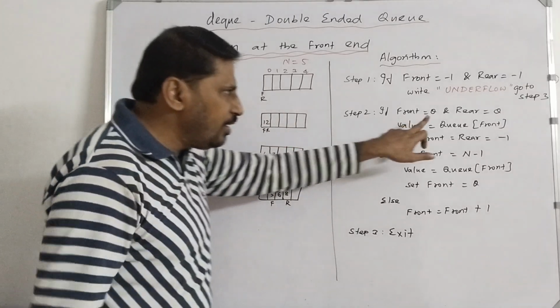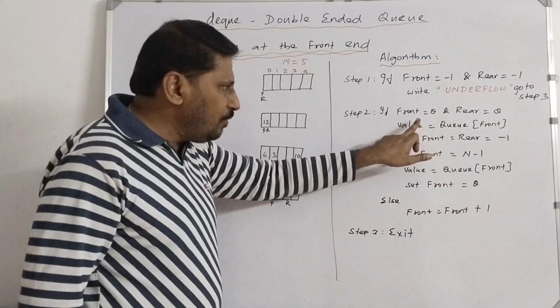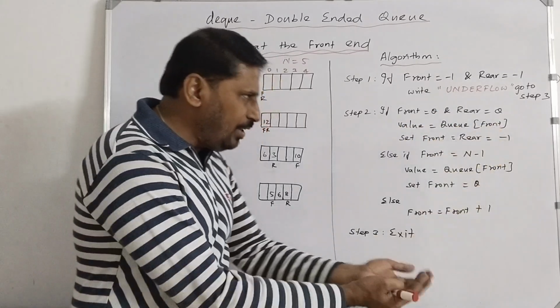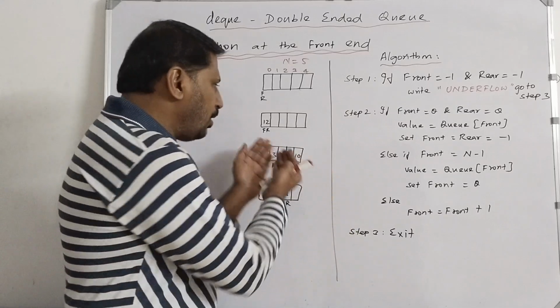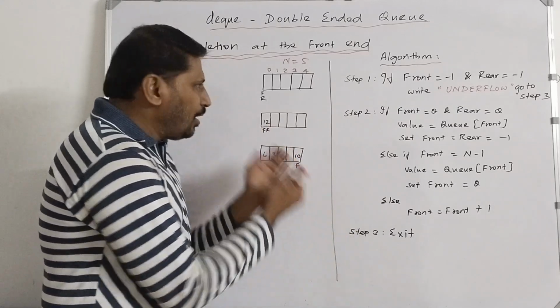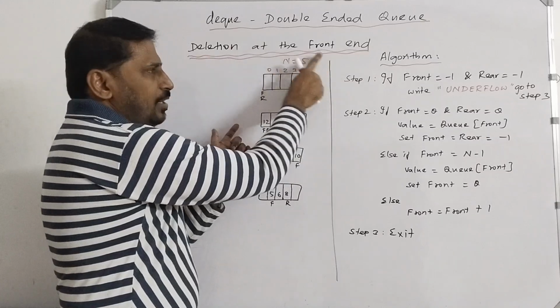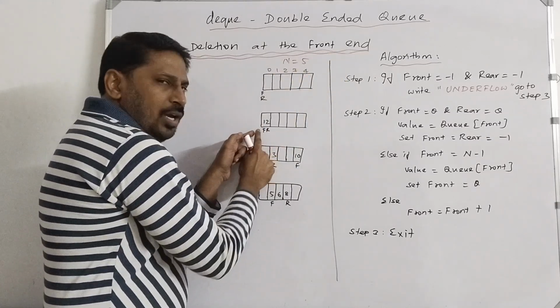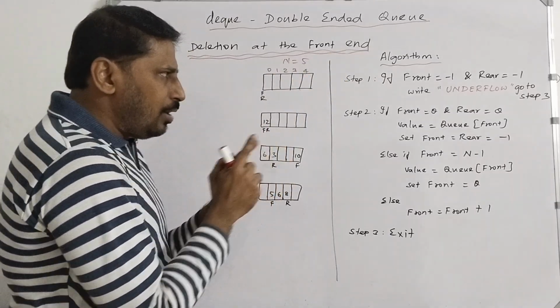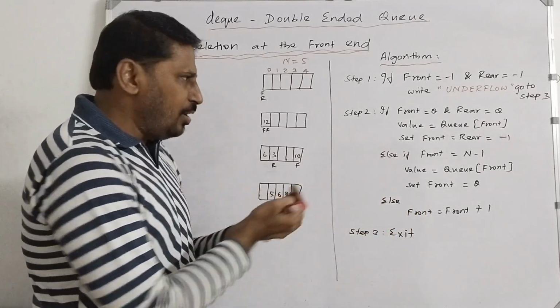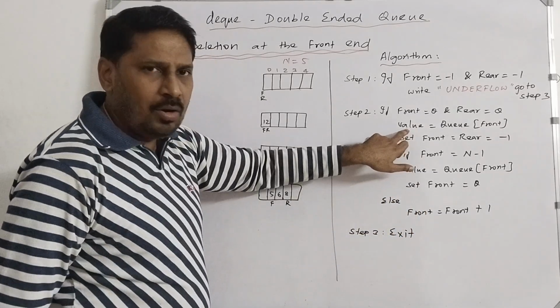In that case, we execute value equal to q of front. Since we are executing deletion at the front end, we concentrate on the front pointer. According to that front pointer, we take the information and put it in the variable called value.